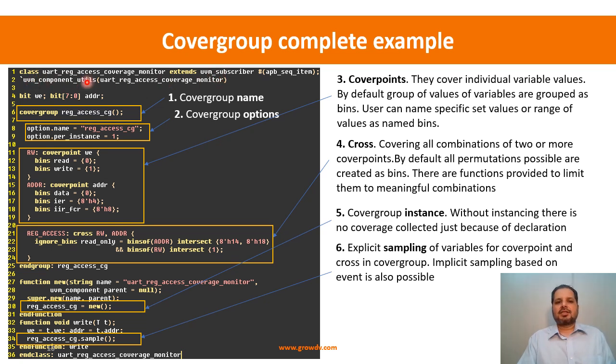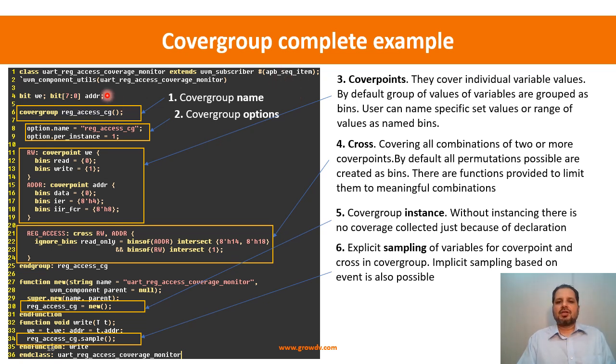So we are just implementing one register access coverage module, or the coverage model, and that coverage model is extending the UVM subscriber, and it's receiving this APB type of sequence item. The UART DUT we have has an APB interface through which the UART registers are being accessed, so it will receive an APB sequence item from the monitor.